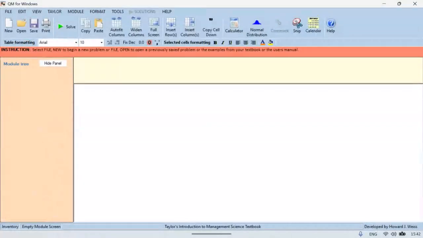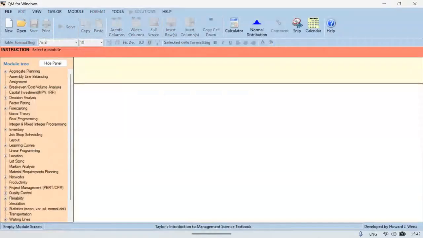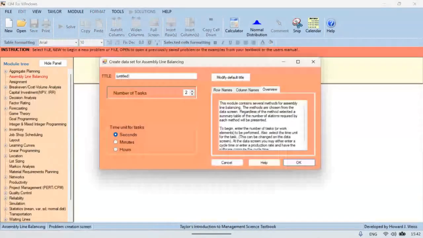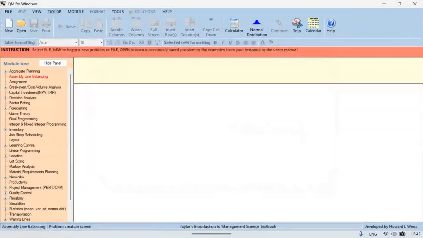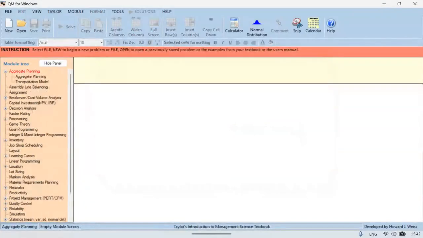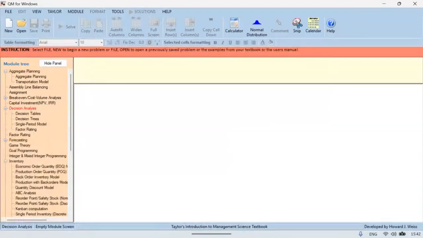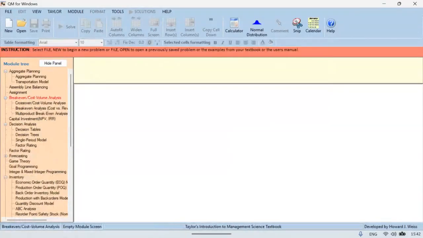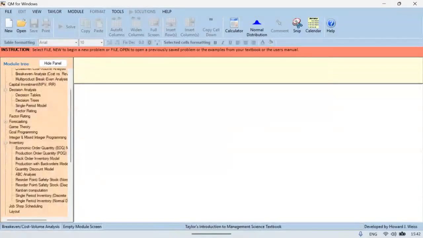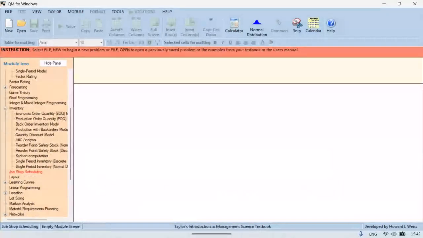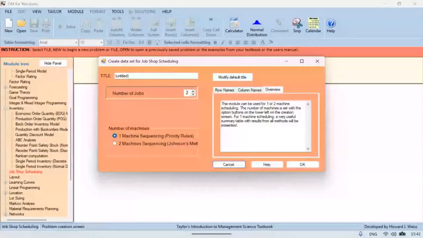Does it display all modules? Inventory. No, it can't be decision. No. Job scheduling.